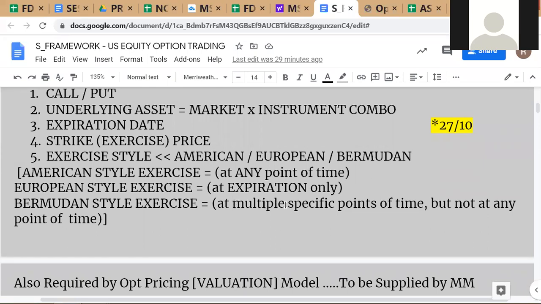Here, this is multiple, but not at any point. Any basically covers all. But it covers specific multiple points, but not at any point. This is the meaning of Bermudan options, okay? Exercise style. All right. Now let's go back to Siddharth's question. I just wanted to finish the exercise style discussion.